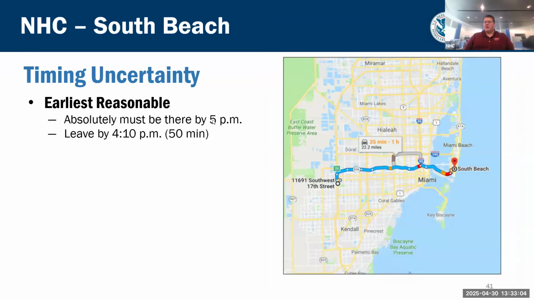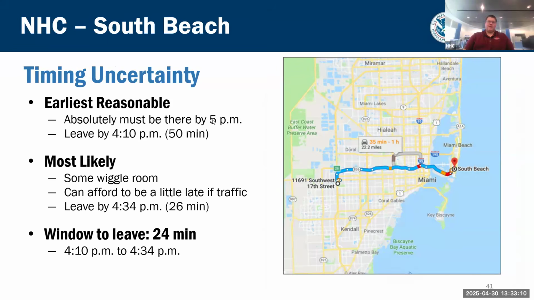I can make it there if there's no traffic in 35 minutes, but we're going to account for up to an hour of traffic. So most likely wiggle room, I could probably get there and I can afford to be a little late if it's just a dinner reservation on South Beach. So I can afford to leave, say, maybe in 20, 25 minutes.